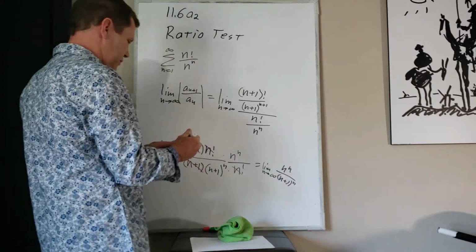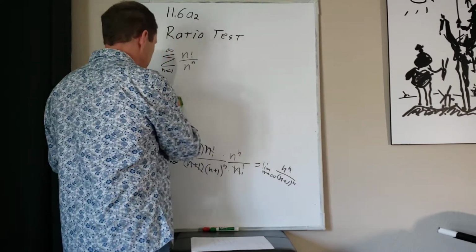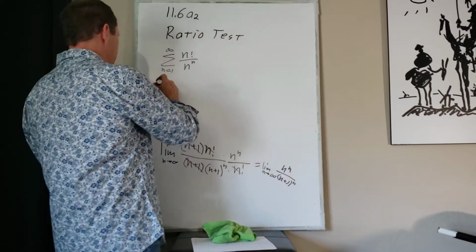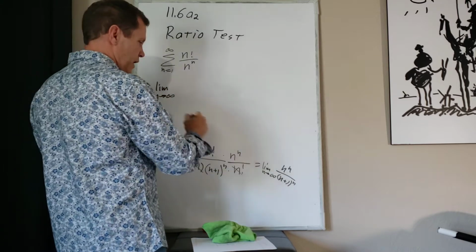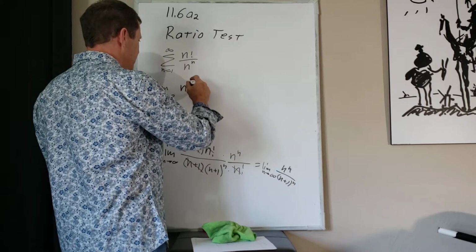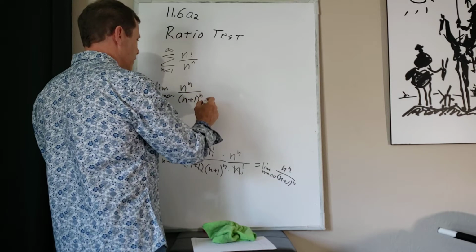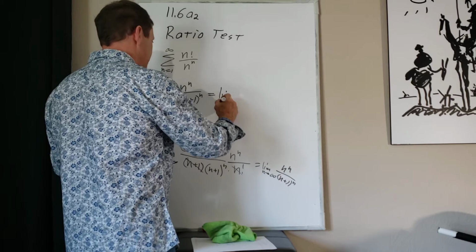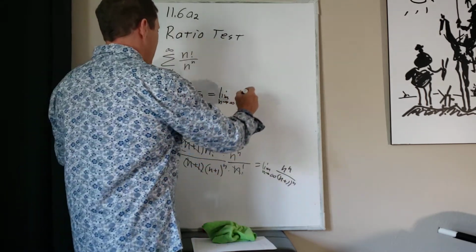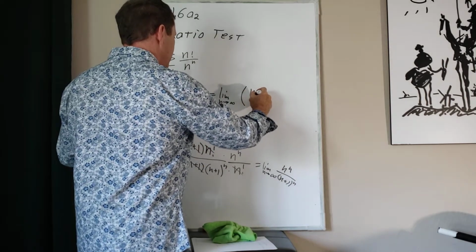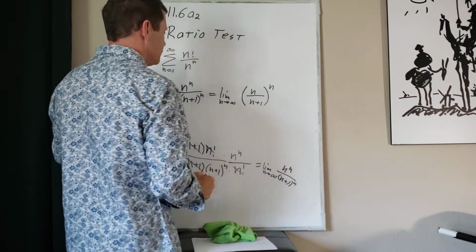Okay, I'm going to erase this, and I'm going to rewrite that a little better and work with it here. So the limit as n goes to infinity of n to the n over (n plus 1) to the n. Now I can rewrite that as the limit as n goes to infinity of (n over n plus 1) to the n.